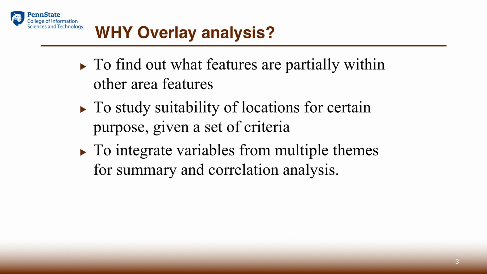For example, if you want to establish a new school, the school needs to be located in a relatively flat area that has good access to transportation, also close to populated places, and maybe with some criteria on what the income is and what the population composition is. All this can come into the picture, but most likely that information is distributed across multiple themes. So overlay analysis helps us to bring them together.